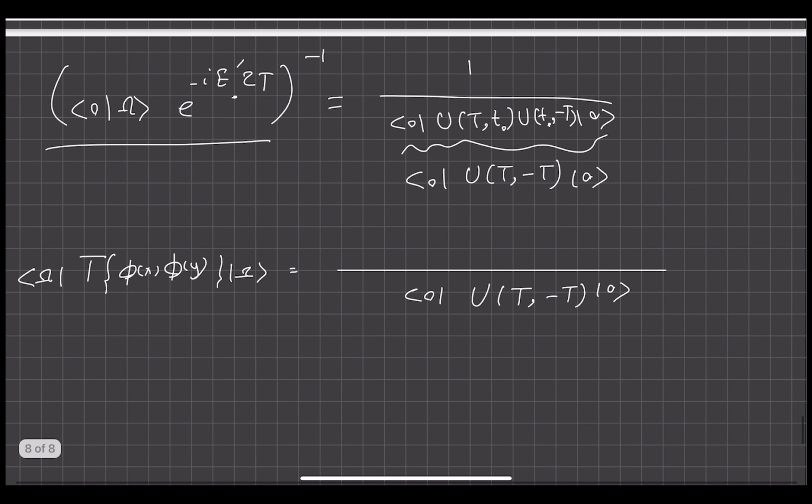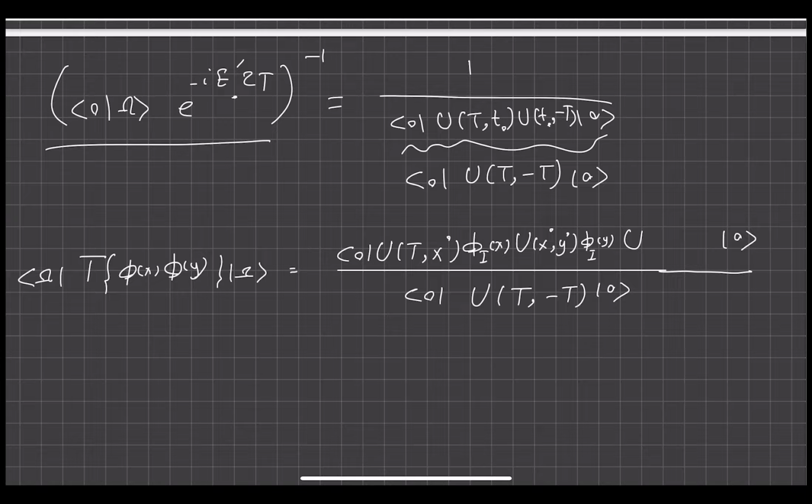And then on top, I'm going to have 0 and 0, and then U of t to x0, phi I of x. Then I'm going to have U of x0 to y0, phi I of y. And then the last term, U of y0 to minus t.